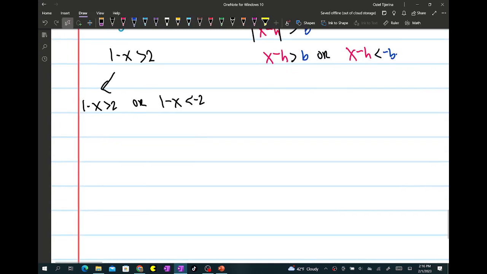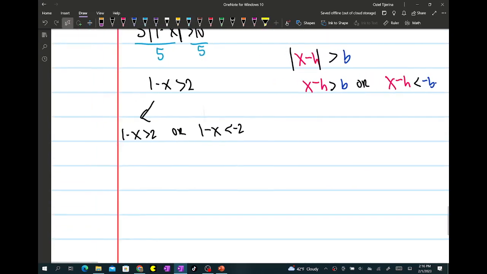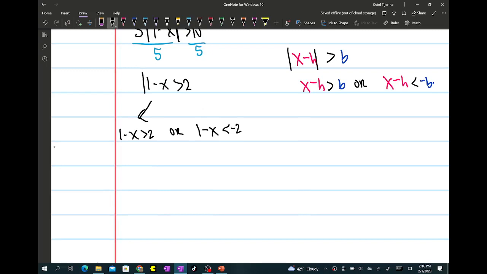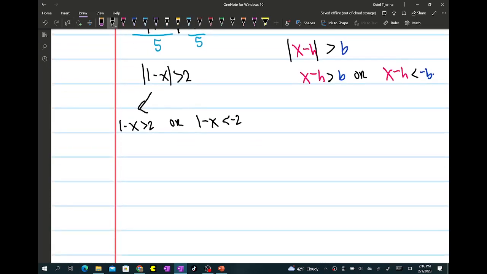That's basically the rule that I'm using here. And I forgot to put absolute values right here. So this gives me these two things. Now we're just going to solve for x.